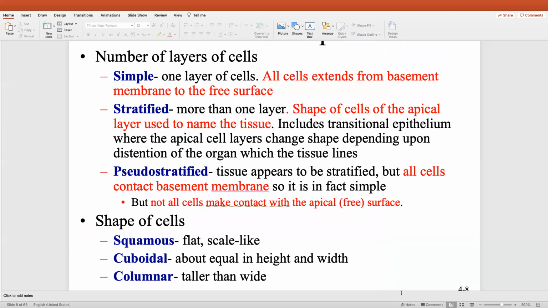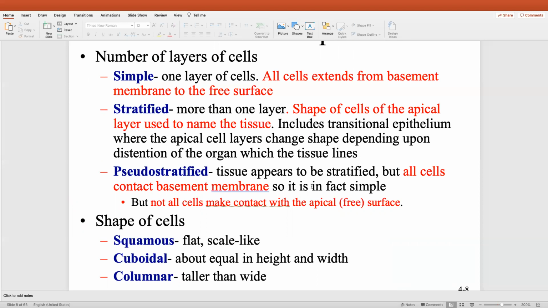Pseudostratified appears and looks like you're going to have multiple layers, but that's not the case. All cells in pseudostratified epithelium make contact with the basement membrane. Because they make contact with the basement membrane, they're not truly stratified.